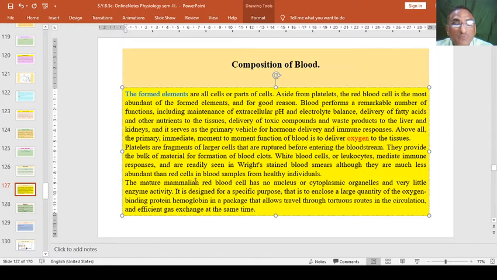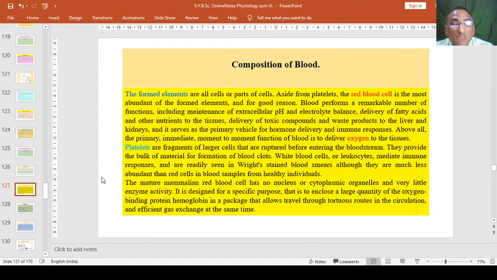Therefore this continuous supply is given by the body to all tissues. Besides the red blood cells and others, blood also consists of platelets.